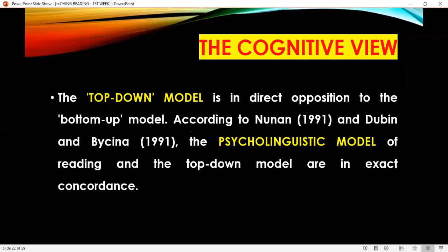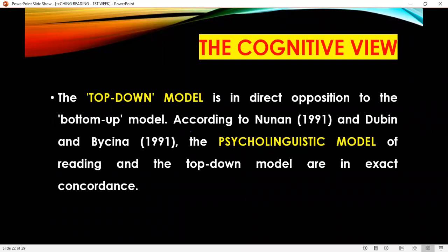According to Nuttall, 1991, and Dubin and Bycina, 1991, the psycholinguistic model, which is another name for this model, and the top-down model are in exact concordance. They share the same beliefs, the same patterns. So this is the opposite of the bottom-up.